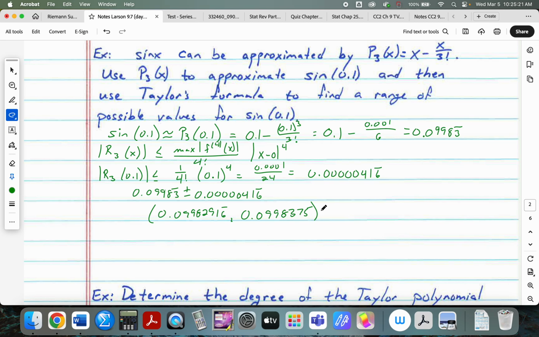The other thing to notice about this is, well, this is an alternating series, right? If you're doing the series for sine, it's going to be an alternating series. Now, your book will actually, on this one, I don't like the way that they do it.